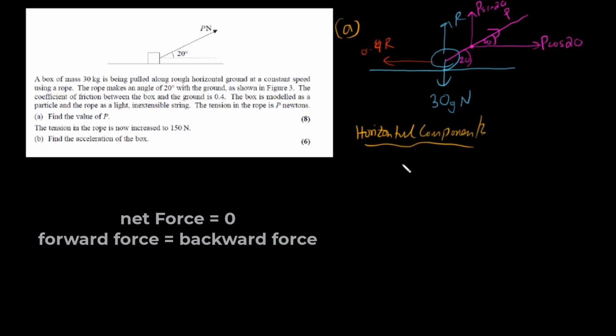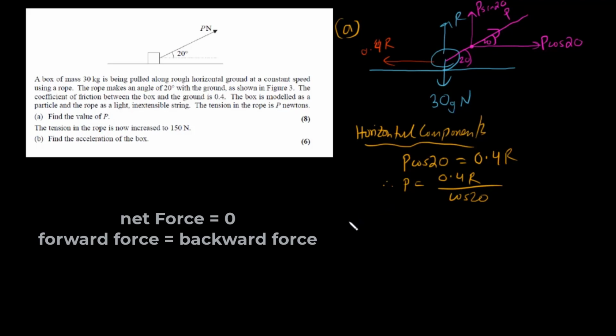We know the forward force is P cos 20 and the backward force is 0.4R. So from here we get one equation. We can write P equals 0.4R divided by cos 20. Now if we know the value of R, we can find the value of P.